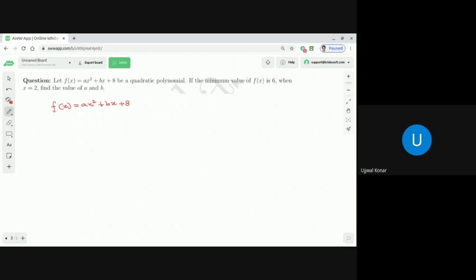But here it is telling that the minimum value of f(x) is 6 when x equals 2. So minus b by 2a should be 2. All of you agree, dear students?